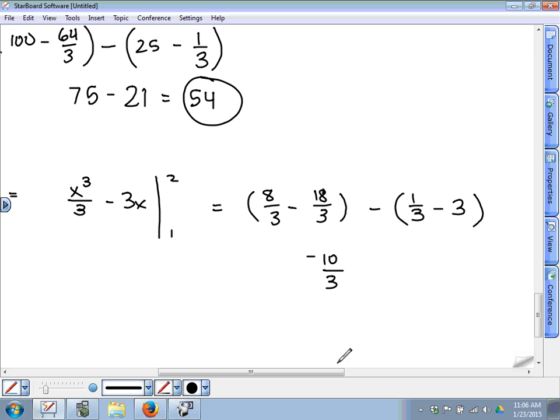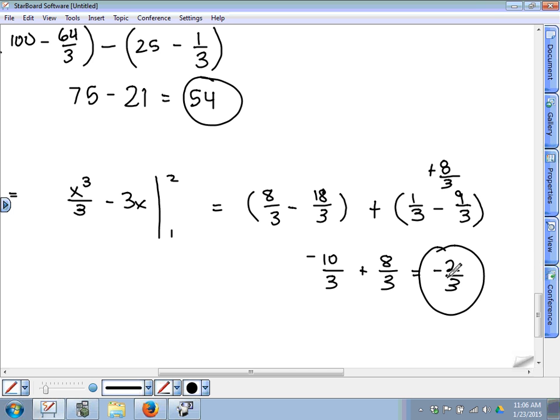So this is negative 10/3. And 1/3 minus 9/3 is negative 8/3, but really you're subtracting a negative, so you're adding 8/3, and you get negative 2/3.